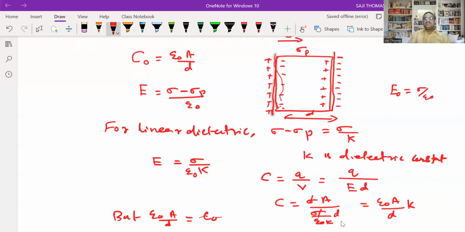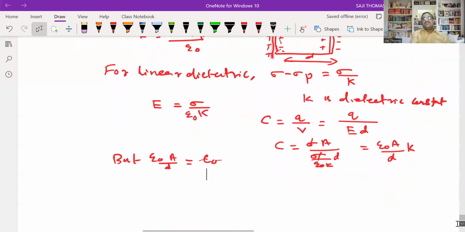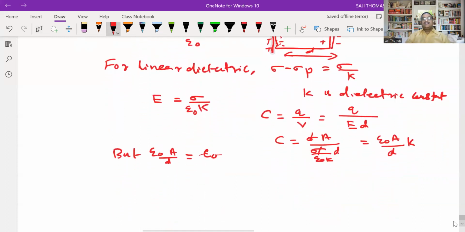This you write as C0. So what you are getting is C is equal to K C0, or C by C0 equals K.